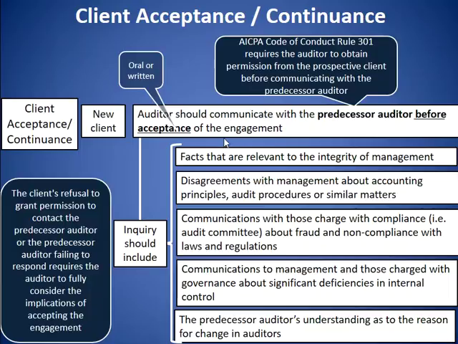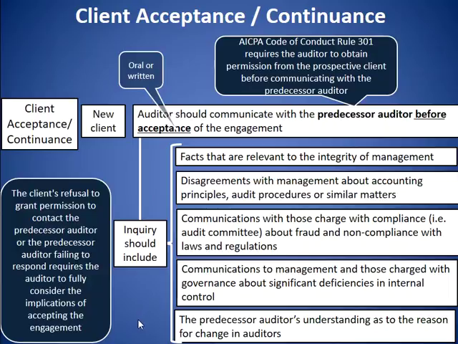So the audit standards say the auditor should, and it doesn't say must, communicate with the predecessor auditor before acceptance of the engagement. In other words, this is something we need to consider, but if we have other methods, we don't have to; again, we have to have a good reason.